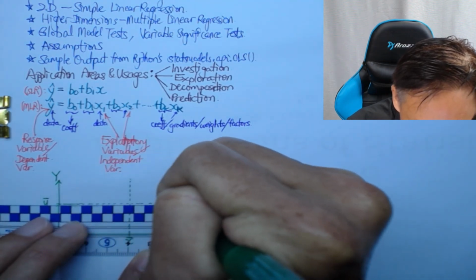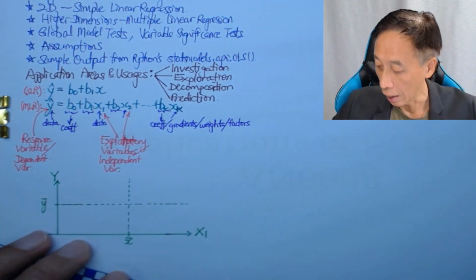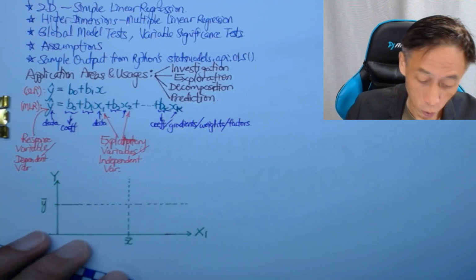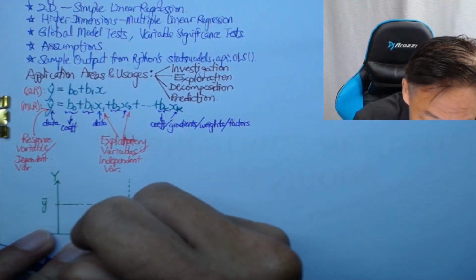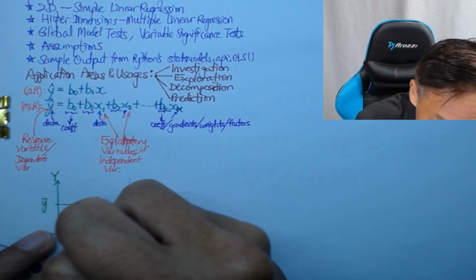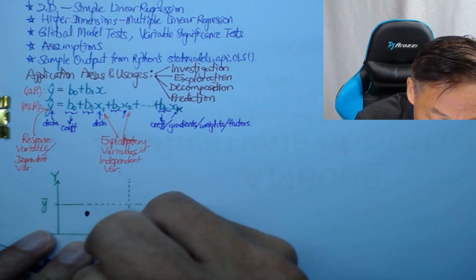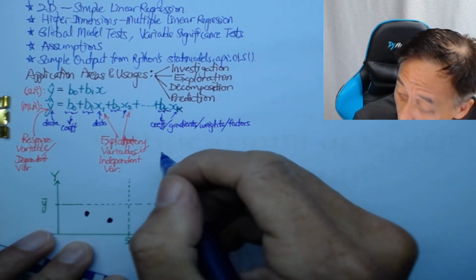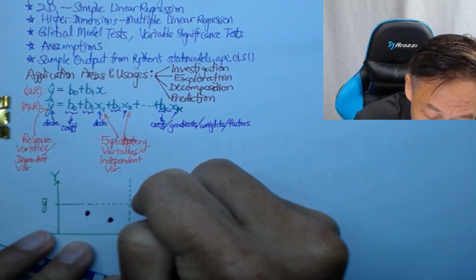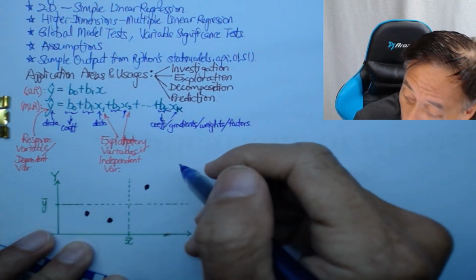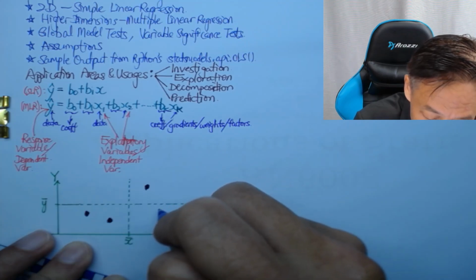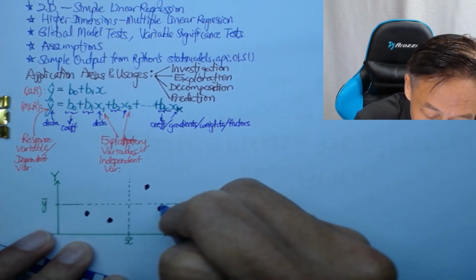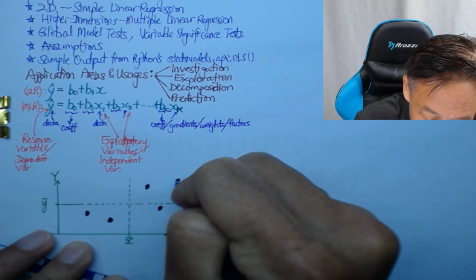But this being a constructed illustration, I'm just trying to illustrate, right? So point number 1, point number 2, point number 3, point number 4, point number 5.